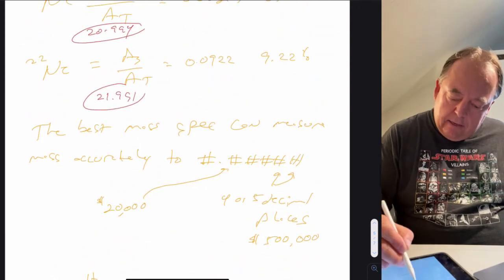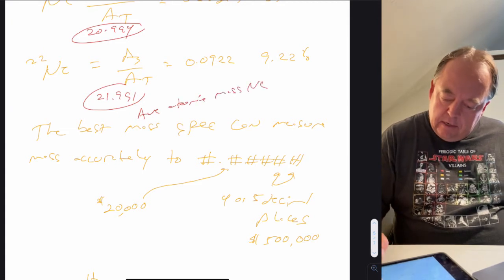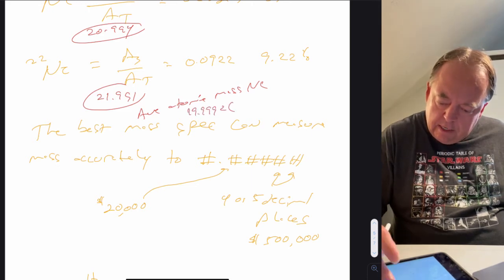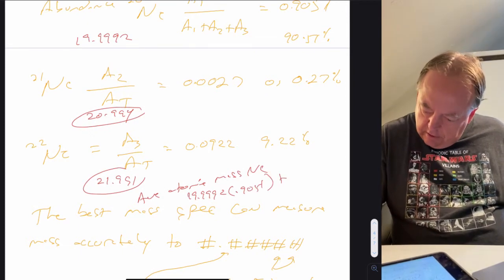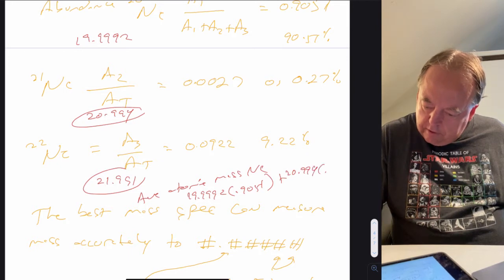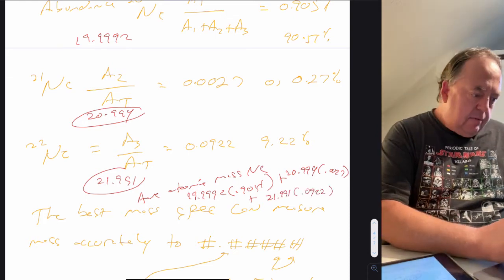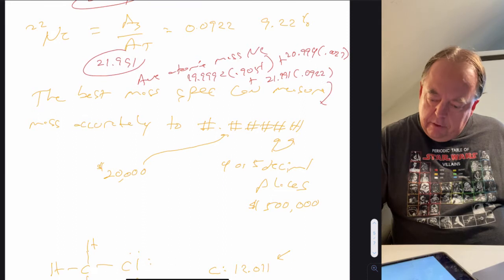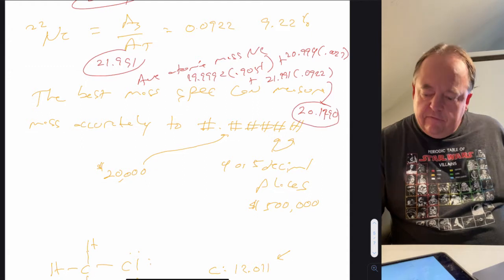So the average atomic mass of neon is 19.99992 times 0.9051 plus 20.994 times 0.0027 plus 21.991 times 0.0922 to give you the average atomic mass, which would be 20.1790, and that's the number you find on the periodic table, right?